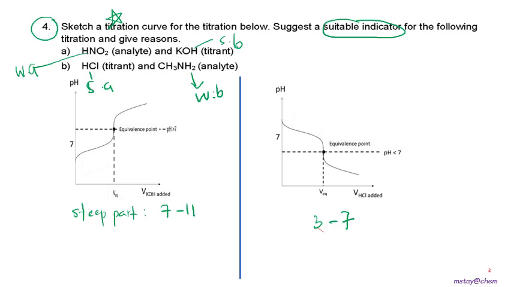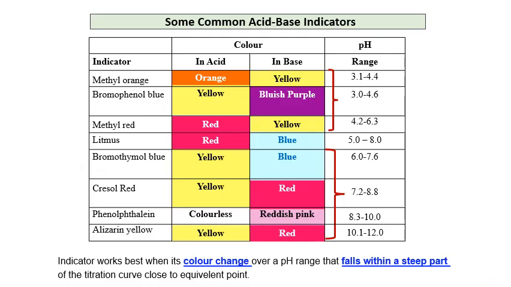After we identify the steep part pH range, we can refer to the table to determine the suitable indicator. Based on this list, for strong acid and weak base, the steep part pH range is 3 to 7. This is the pH range for color change of the indicator.